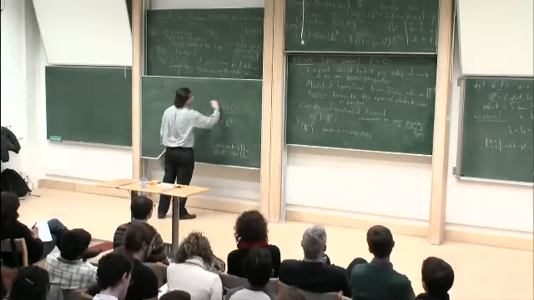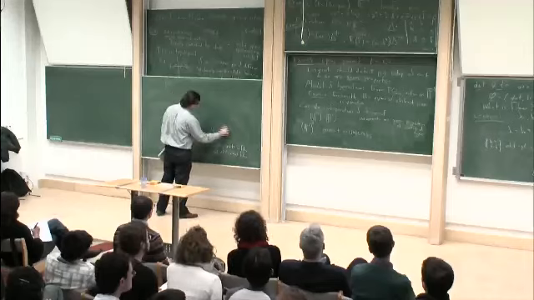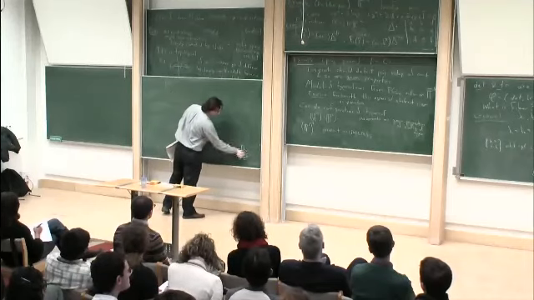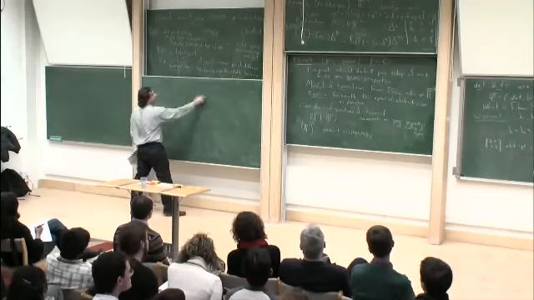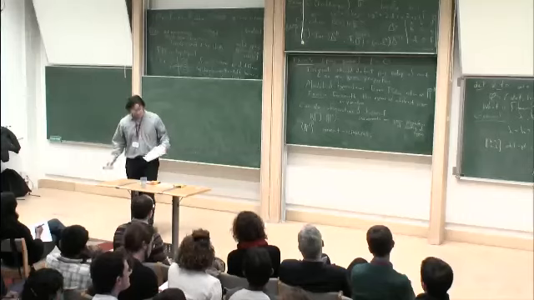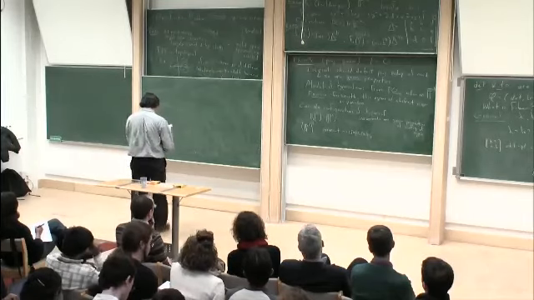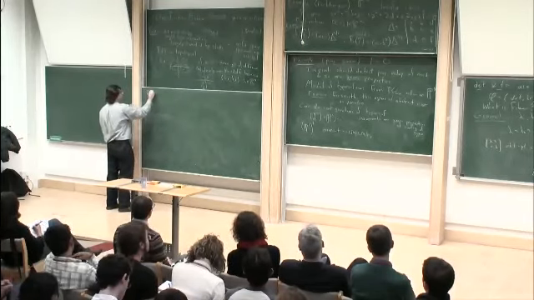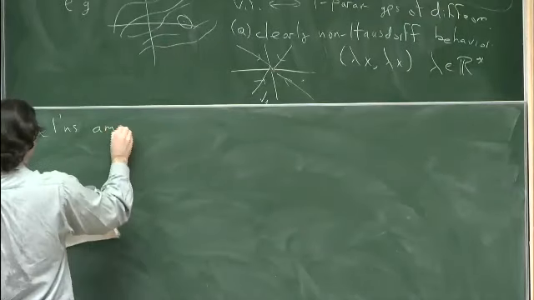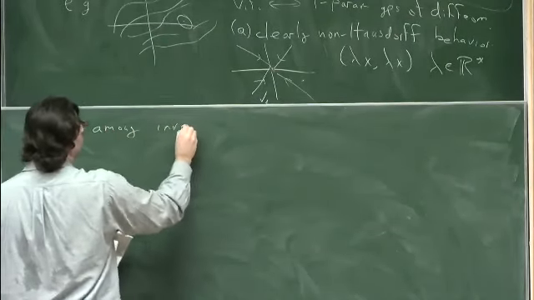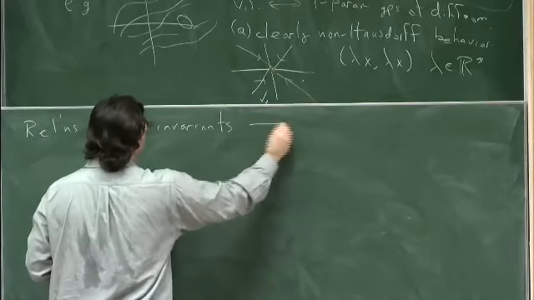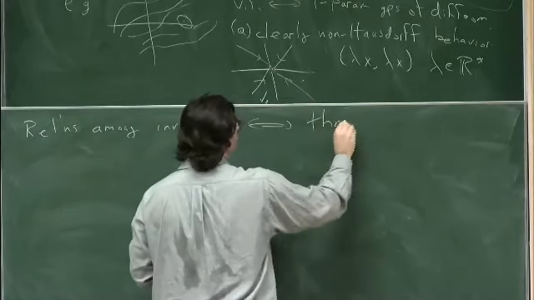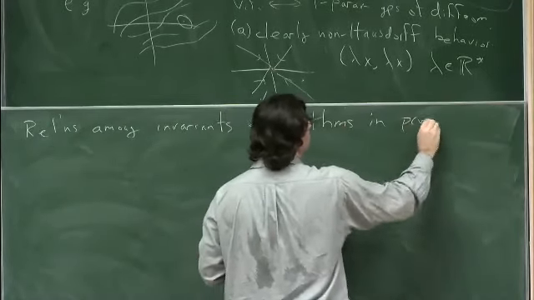You can derive, in principle, all the geometric theorems of any geometry that is in some sense derivable from projective geometry, like Euclidean and affine and so on. So that is Klein's Erlangen program. The idea is that relations among invariants give theorems in projective geometry.